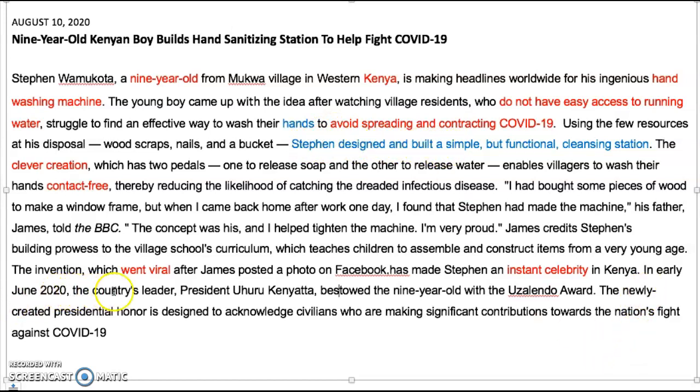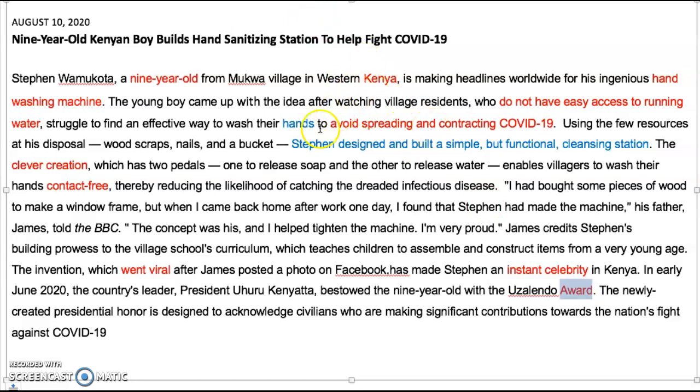In early June 2020, the country's leader, President Uhuru Kenyatta, bestowed the 9-year-old with the Uzalendo Award, the newly created presidential honors designed to acknowledge civilians who are making significant contributions toward the nation's fight against COVID-19. Okay, I might mention that he got an award. That's, again, part of the backstory.